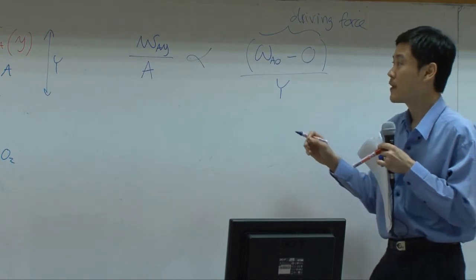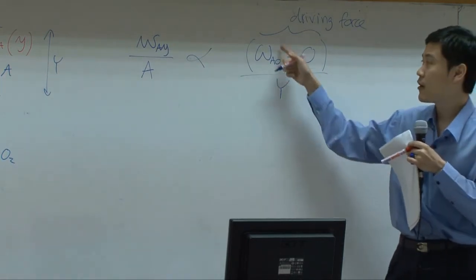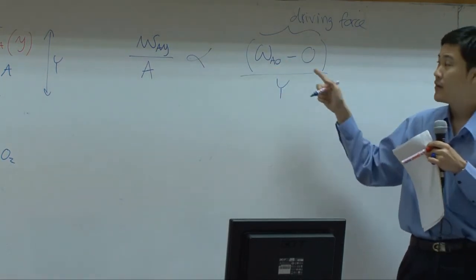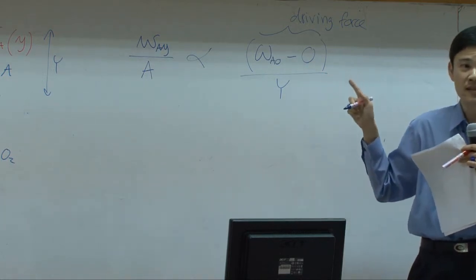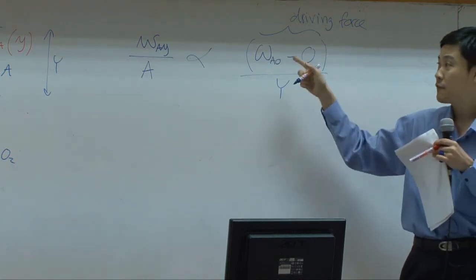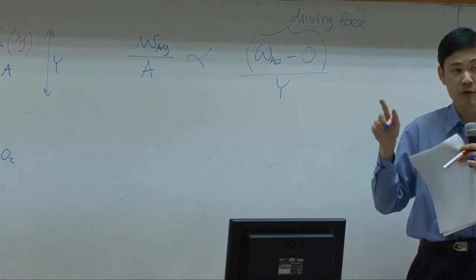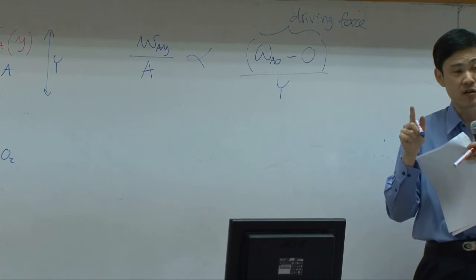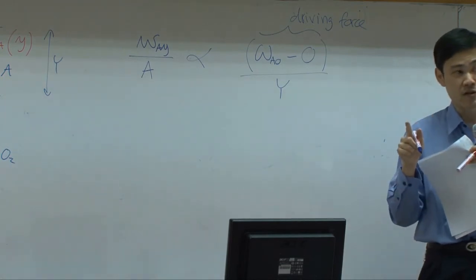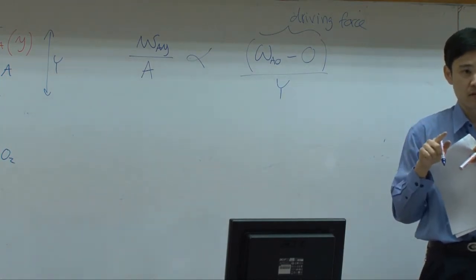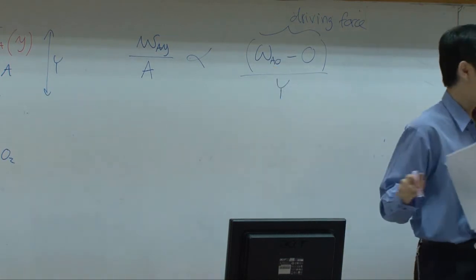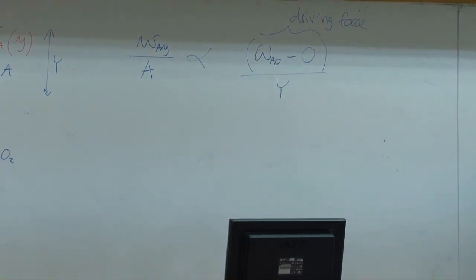Now, you can say that it depends on mass fraction difference. Or you can say that it depends on difference in mass concentration. Remember, we can express concentration in terms of both mass fraction and mass concentration. Mass fraction is omega. Mass concentration is rho.